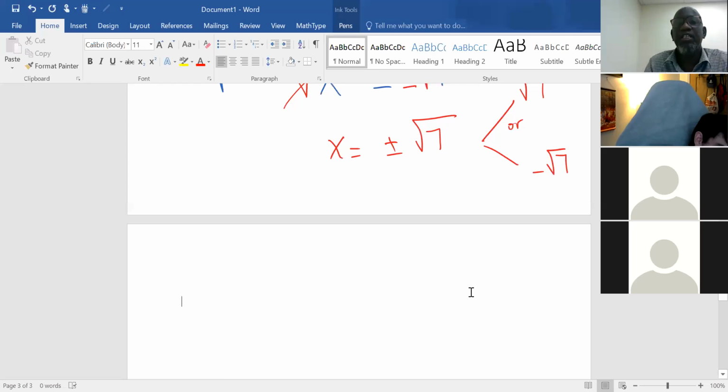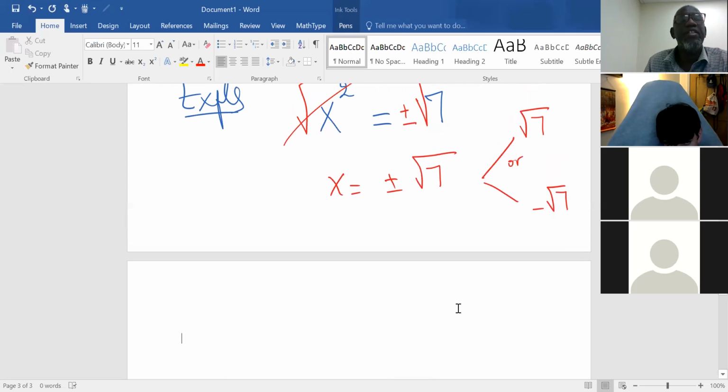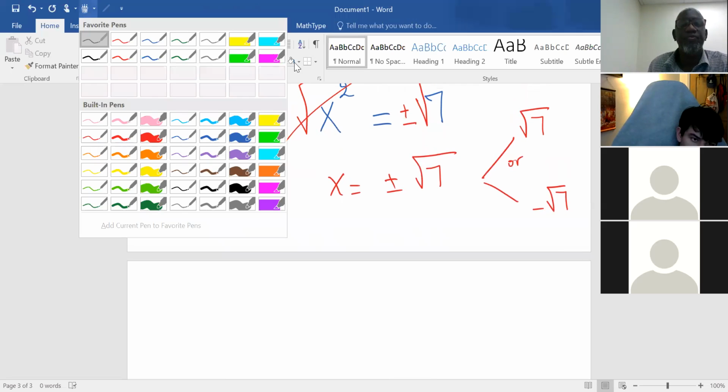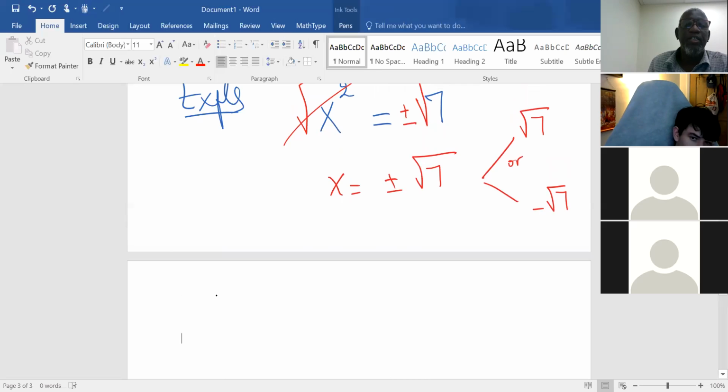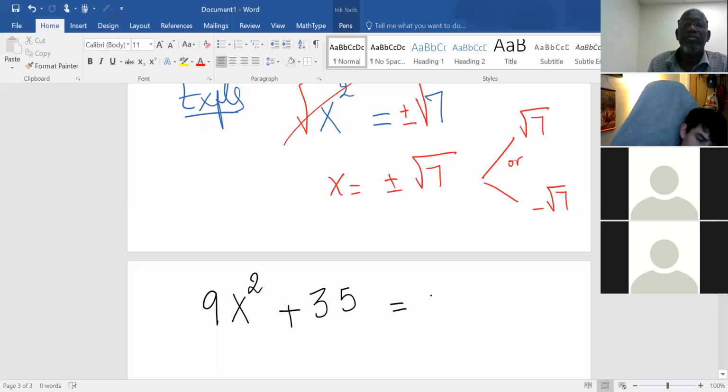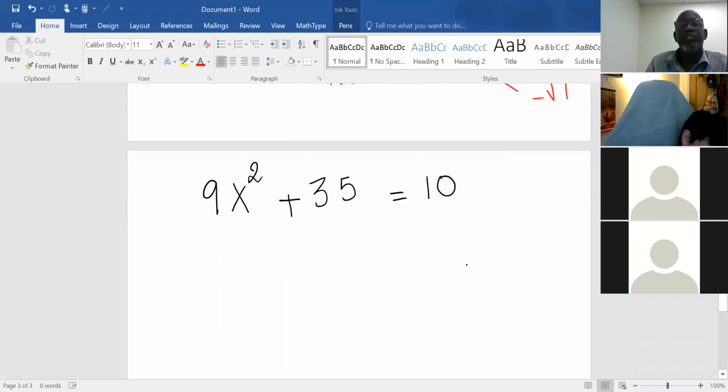So now, if we keep going, if you have 9x squared, you see this type of equation.